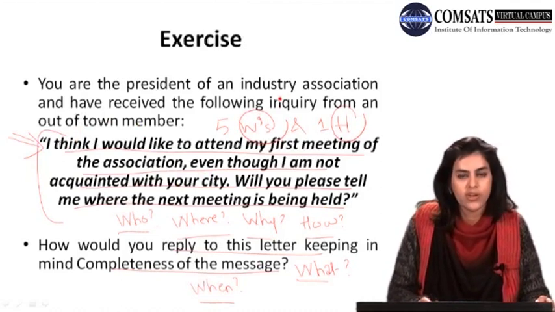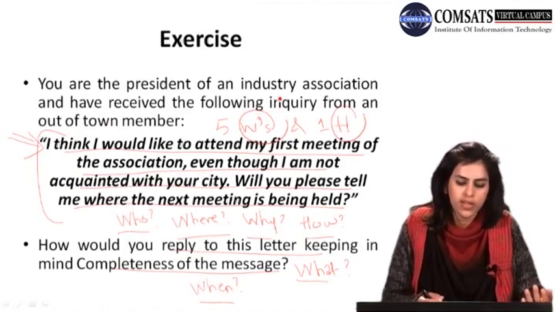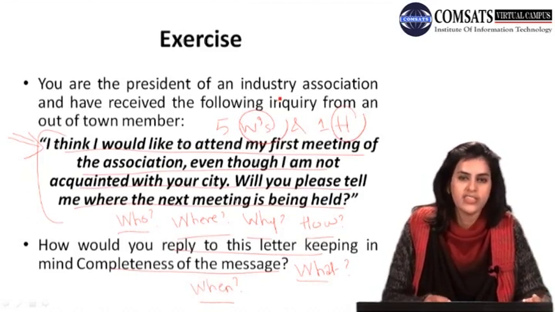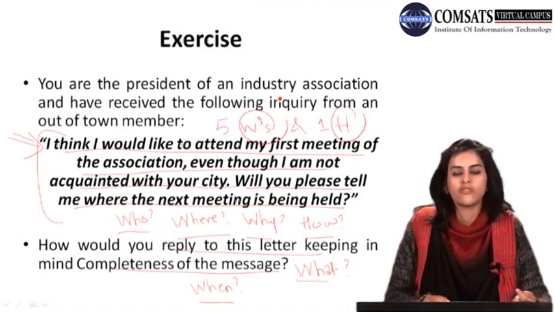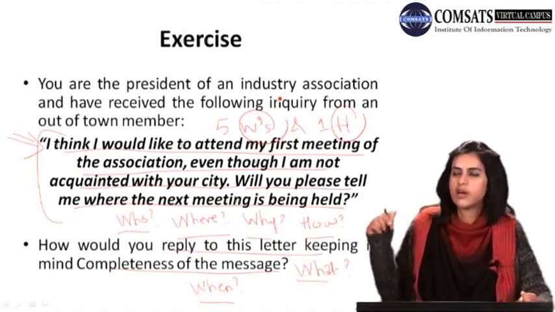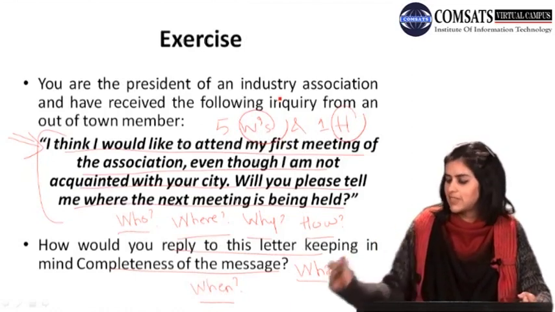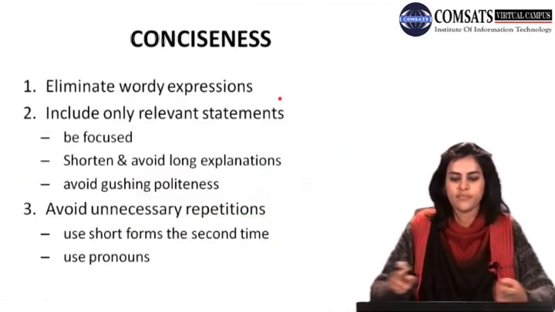He is not familiar with the city, so you are going to tell them who you are and where he is supposed to come. Keeping in mind all the 5 W's and 1 H, you are supposed to answer him. Now read this slide again and try to answer it on your own, because I know that you really want to work on your verbal communication by practicing these kinds of exercises.